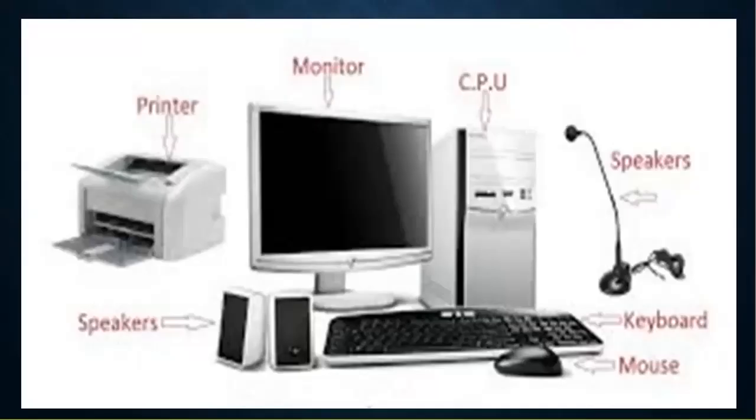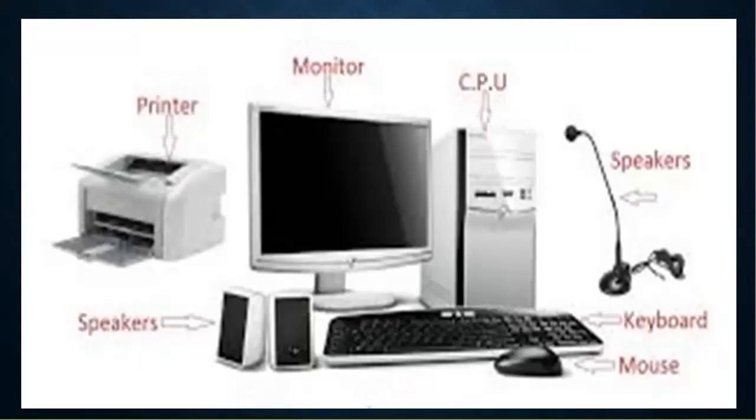So today we will see how does a computer work. The different parts of a computer have separate functions, but they all work together to complete a task. A computer system consists of the many parts that make up the computer.